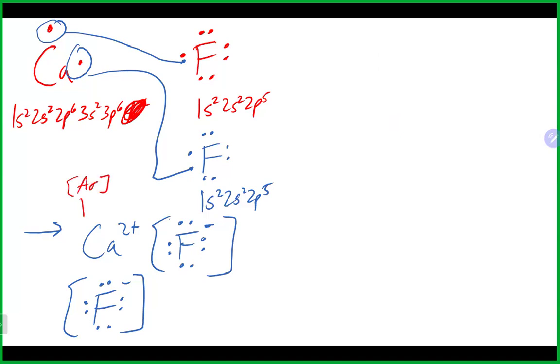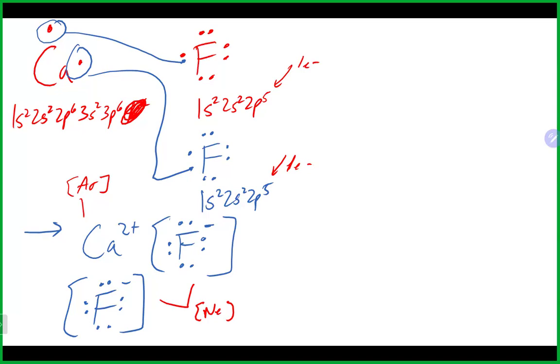Each of the fluorines individually took in 1 electron, which means that moved each of them up to 10 electrons, which means both of these guys were able to achieve the same electron configuration as neon in this case. So all 3 of these elements were able to achieve that noble gas electron configuration by losing and gaining the appropriate amount of electrons.